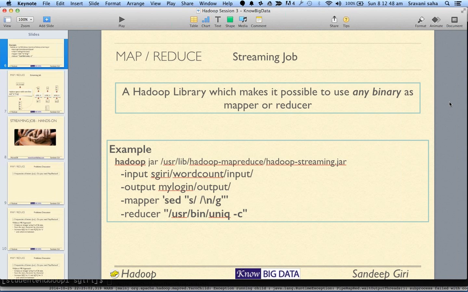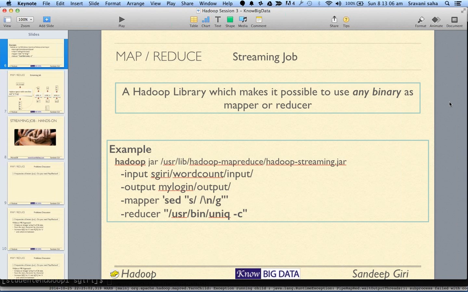Therefore, there are reasons to use Hadoop streaming. First, you may not know Java to do the map reduce. Second, writing code in Java takes time because you have to compile, bundle, ship, and upload here and there.